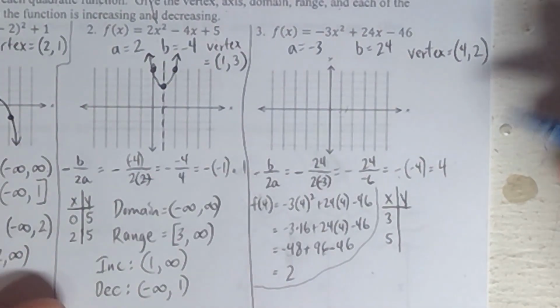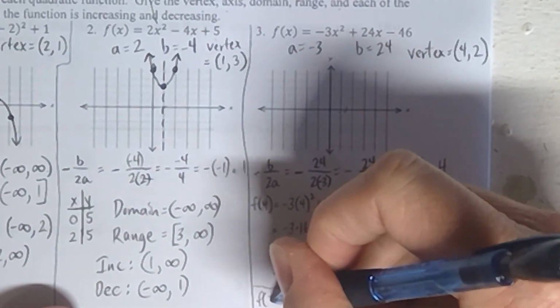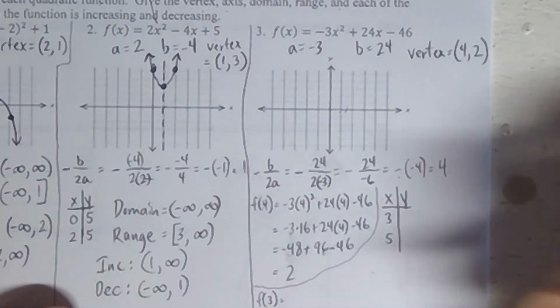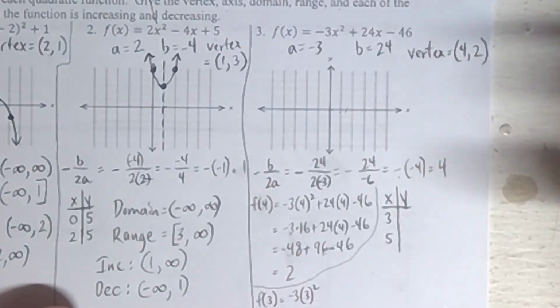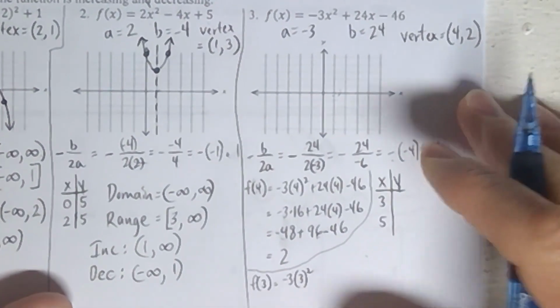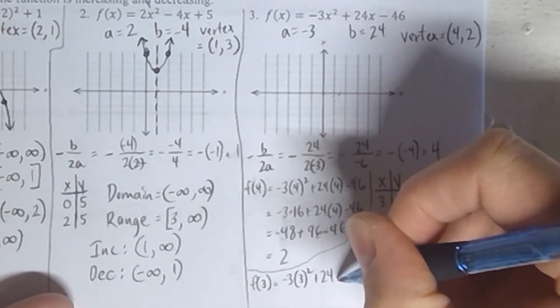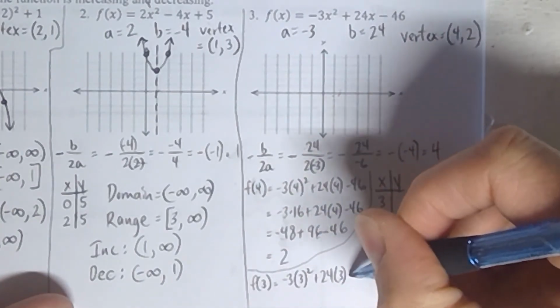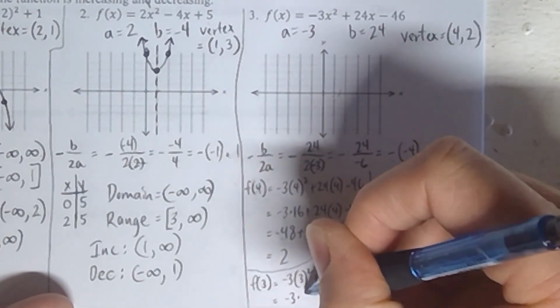So anyway, if I plug in 3, let's see what happens with that one. F of 3 is negative 3 times 3 squared plus 24 times 3 minus 46.